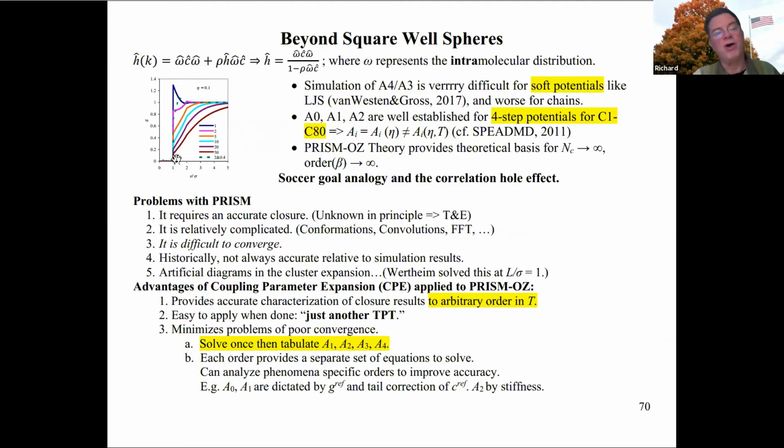And so think of a goal as when an external molecule makes contact with our central site. When an intermolecular site makes contact with our site of interest, that's a score on goal.